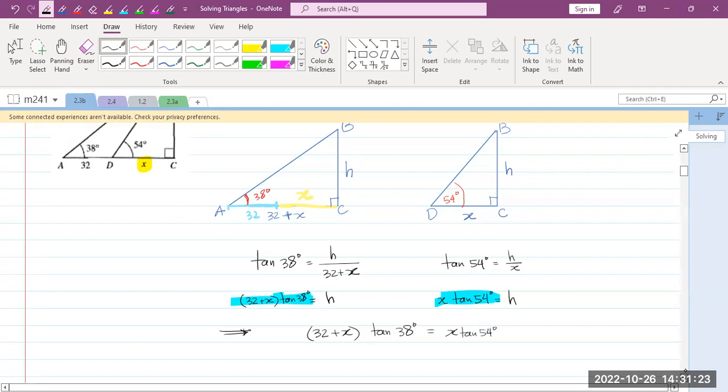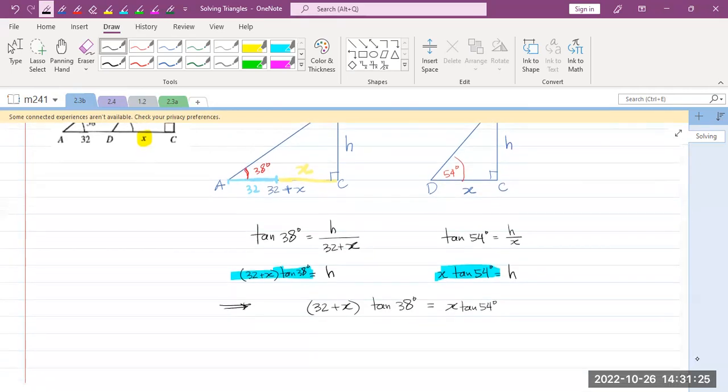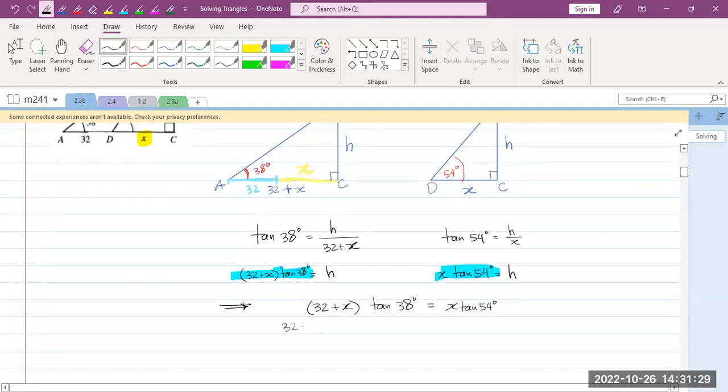Now we will solve for x. The way we do it, I will distribute tangent 38 degrees. Again, don't forget the degree sign though. In chapter 3, you will see that without the degree sign, it means something totally different. And then from here, I will collect the x terms on the same side.